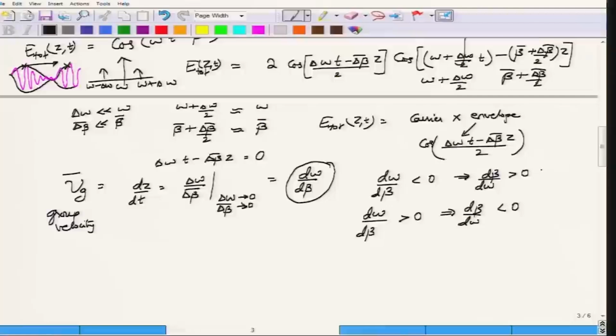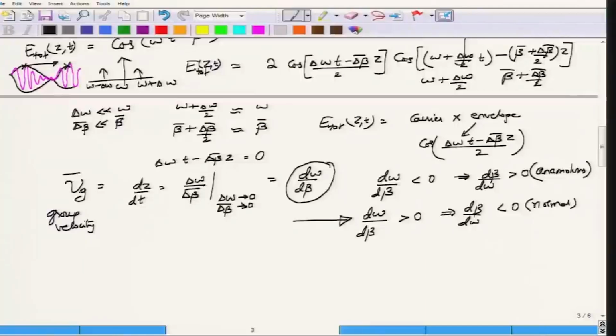So, this particular case is called the anomalous dispersion case, and this is called the normal dispersion case, and group velocity is normally defined very well for the normal situation. That is, for normal dispersion is where we can define very clearly what the group velocities are. The situation for anomalous dispersion is very complicated, so we will not pursue this anomalous dispersion case here.